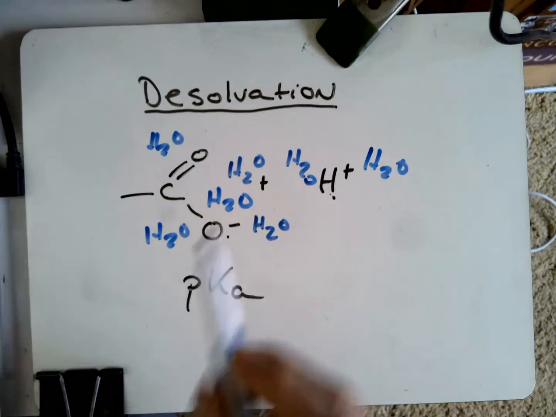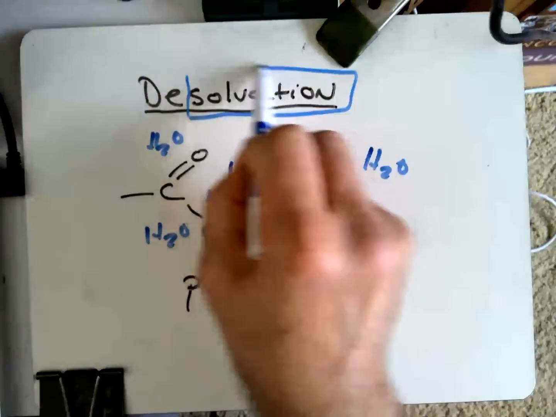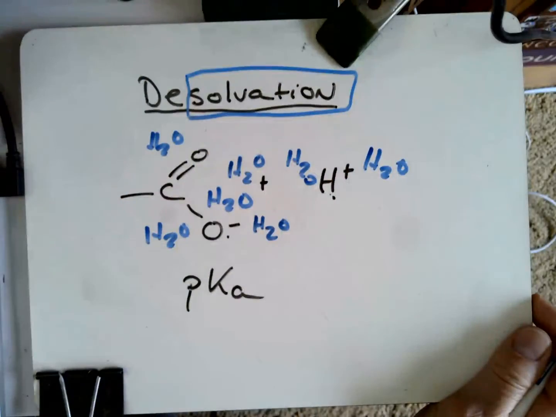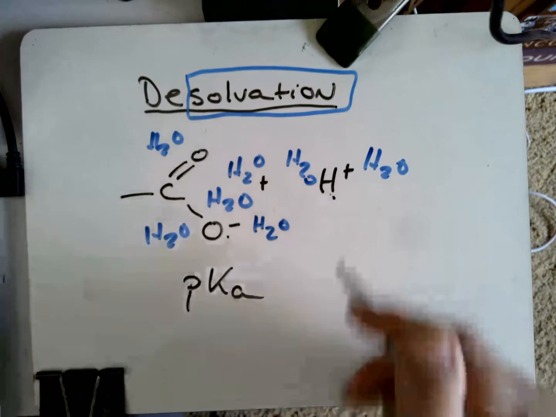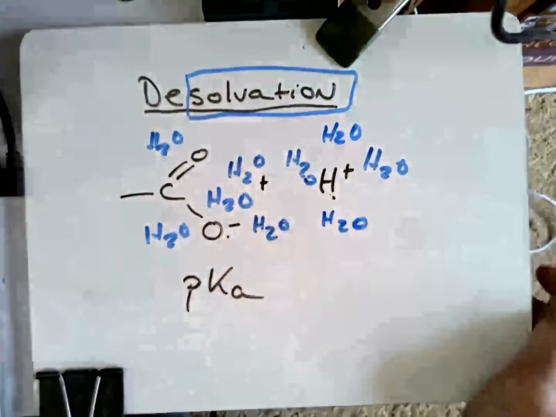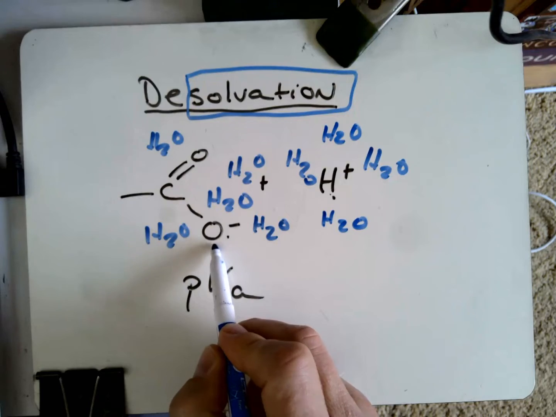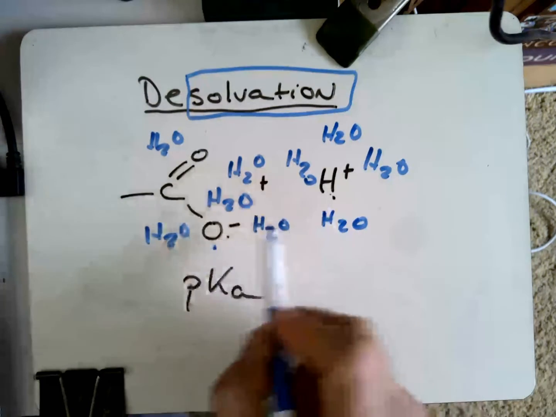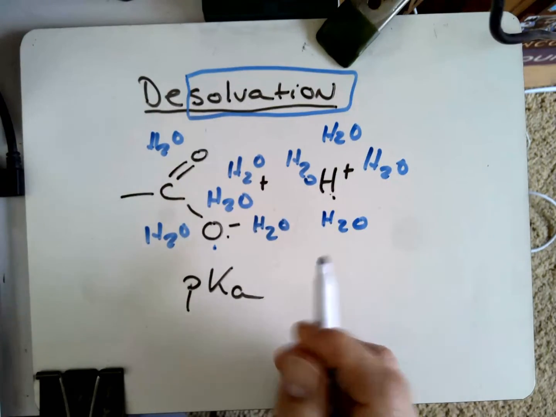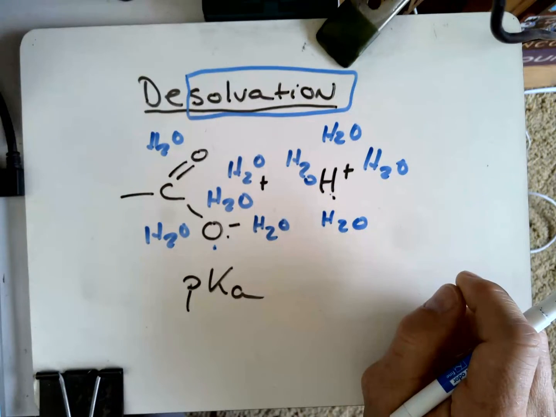So really what we're seeing here is that it is solvated. I'm not sure if that's an actual word, but it describes what we have here. But we still have our interaction between this oxygen and that hydrogen. They can covalently bond if we increase the hydrogen ion concentration enough.